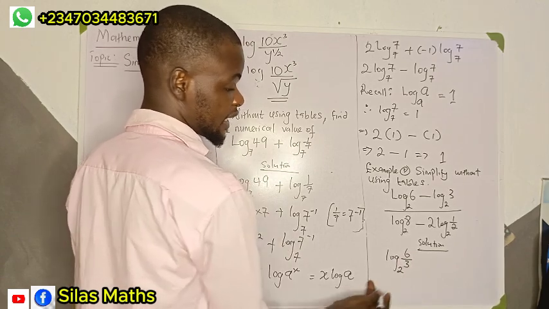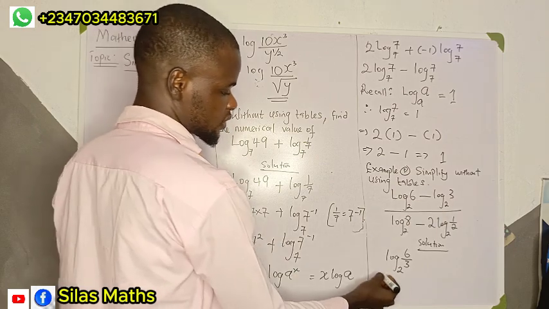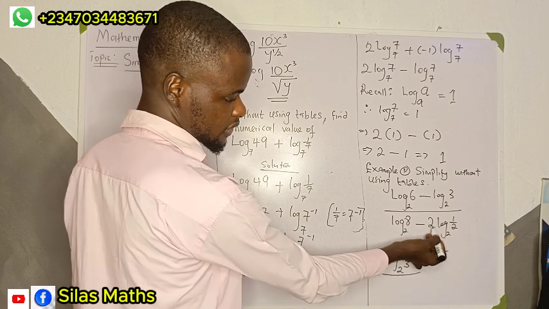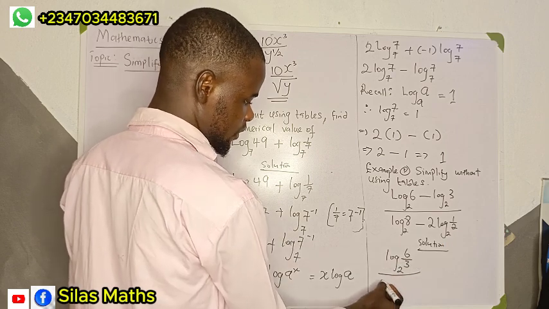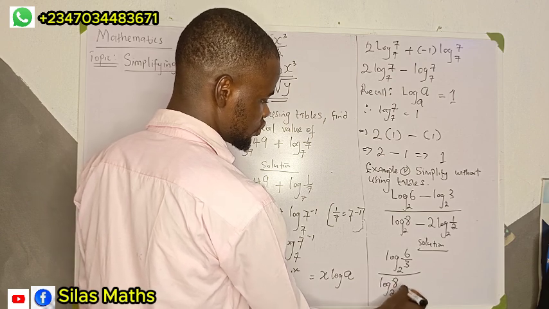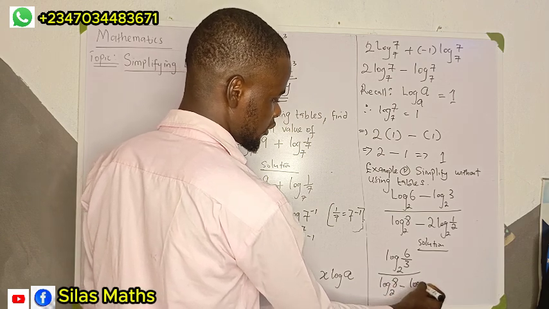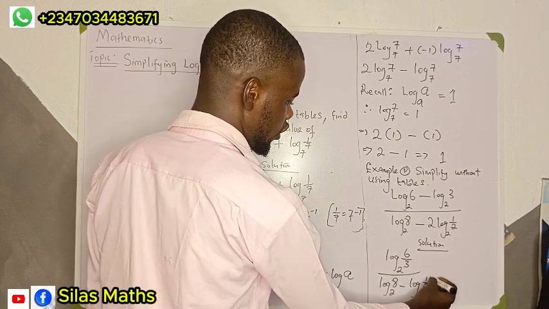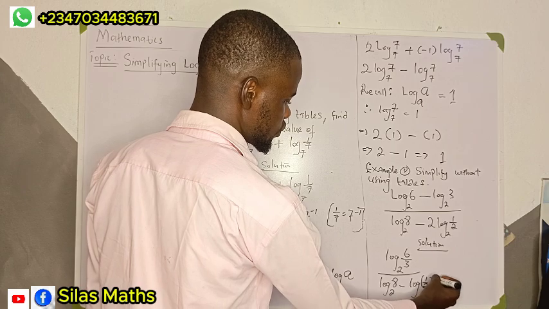Remember that whenever they are subtracting, we divide, so all over the denominator. Something is going to happen to this denominator, so I'm going to have log of 8 base 2 minus log of 1 over 2 all raised to the power of 2.